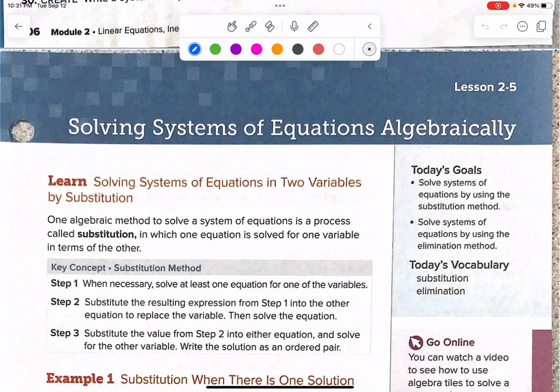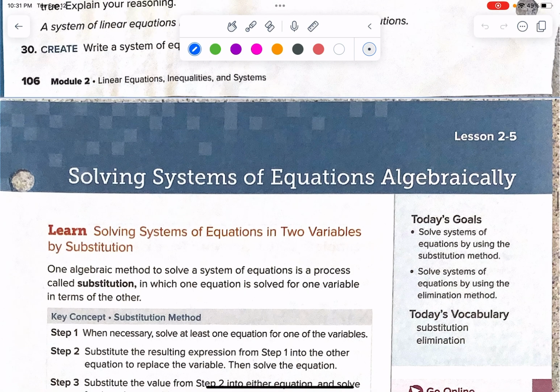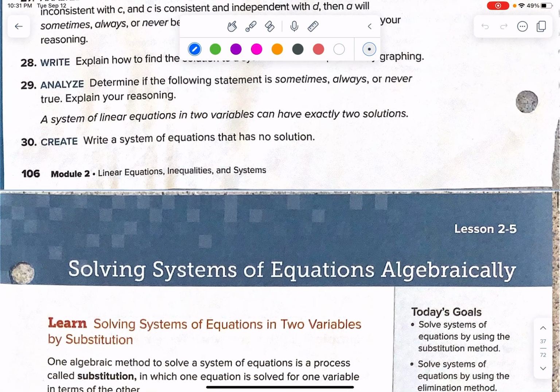Monday, when we went through section 2.4, we talked about solving systems of equations by graphing. I'm just going to review up here that when you graph functions, you can have one of three scenarios. They connect and form just one solution.